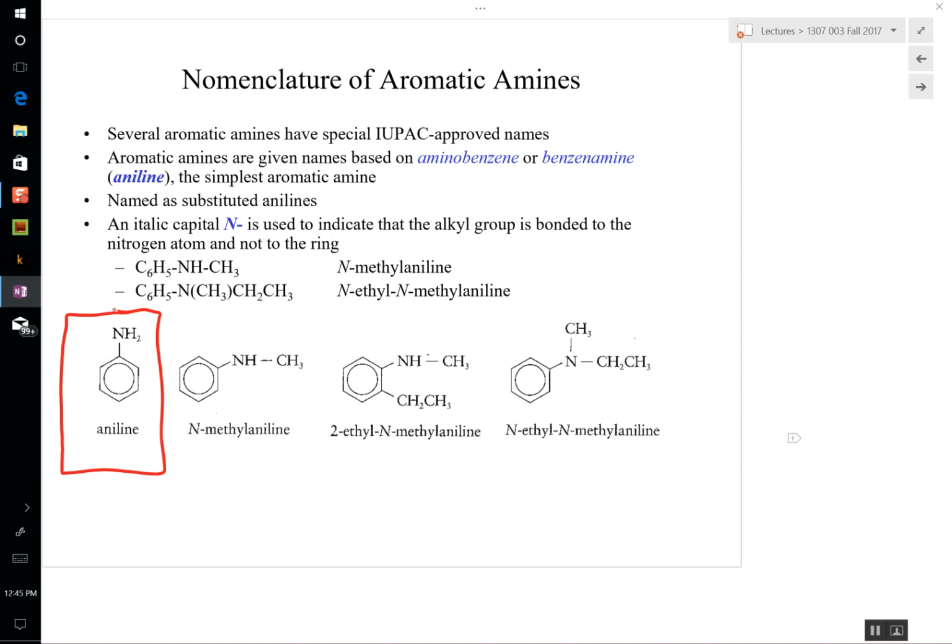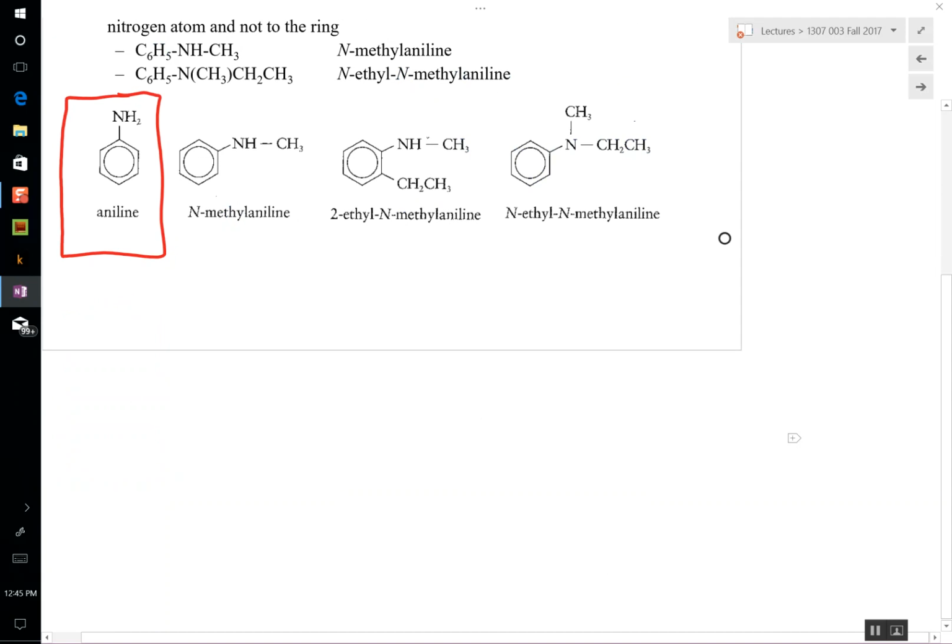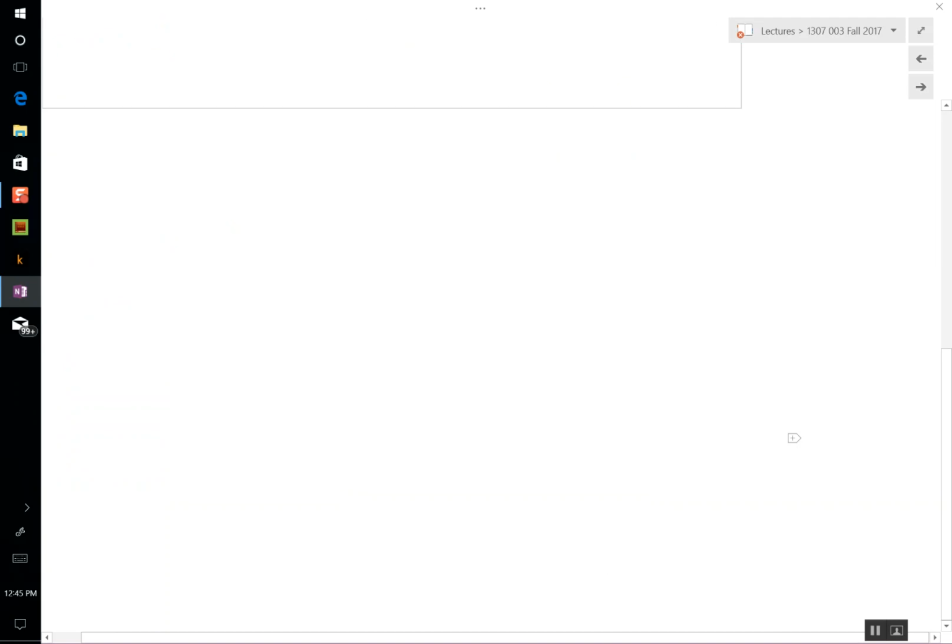And I want to use that as an example here to show you something. I'm going to put down 3 molecules here. Aniline's going to be the first one. So there's aniline.